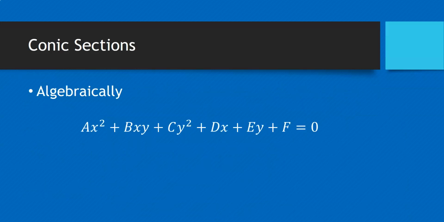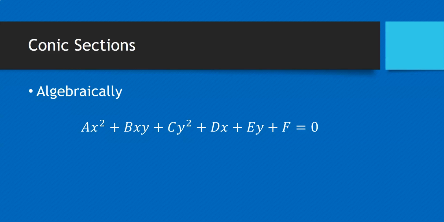All right. So we see, as far as an image, a geometrical image, what those conic sections do. However, algebraically, we can always write a conic section as an equation with this form: ax squared plus bxy plus cy squared plus dx plus ey plus f equals 0, where a, b, c, d, e, and f are all real numbers, and then x and y are my variables.